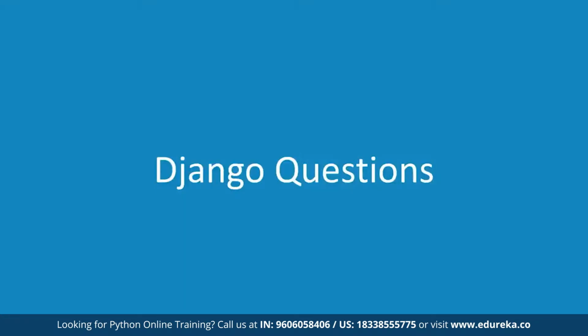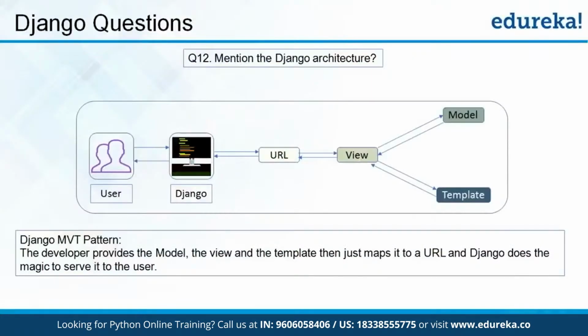It might not be relevant to everyone, but people who are moving into web application development and specifically to Django might find it relevant. Now this is a question. Mention the Django architecture. There are various patterns which are available: MVP, MVC, MVT.